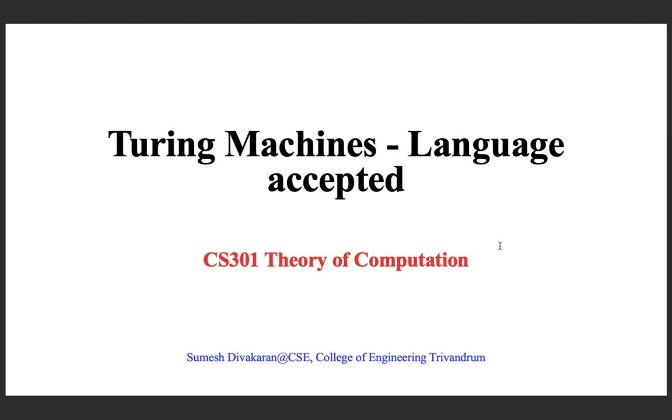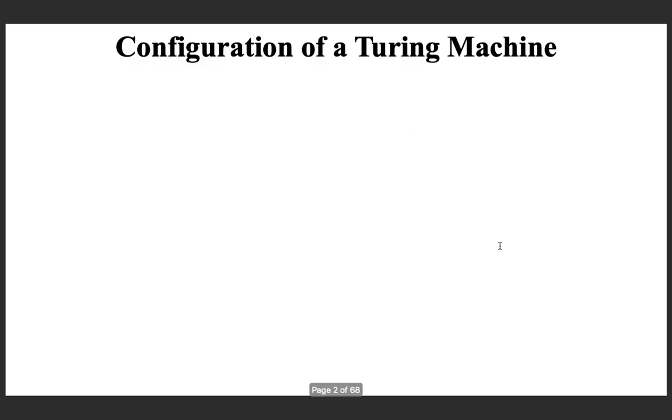So today the topic is the language class represented by the family of Turing machines. Before we formally define the language accepted by a Turing machine, let us see what a configuration in a Turing machine is.